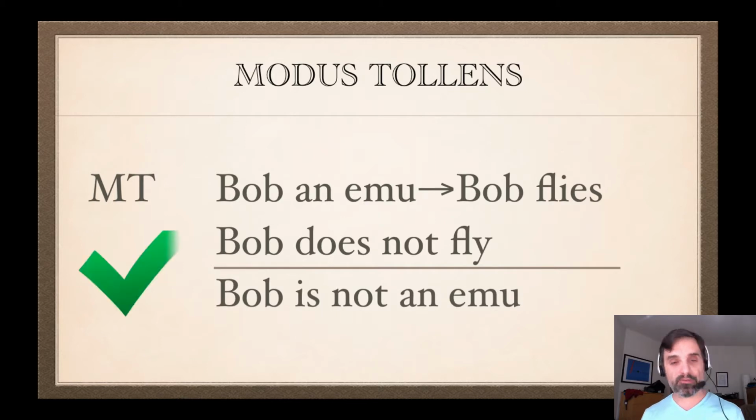This is a good form of inference. It's called modus tollens, or as I will refer to it, and as you can refer to it in the program, MT. And if the premises are true, then so is the conclusion. If the conditional is true, but its consequent is false, the antecedent has to be false as well. If the antecedent were true, then the consequent would be true, but the consequent isn't true, and so the antecedent isn't either.